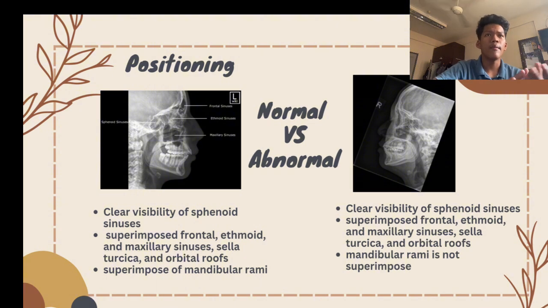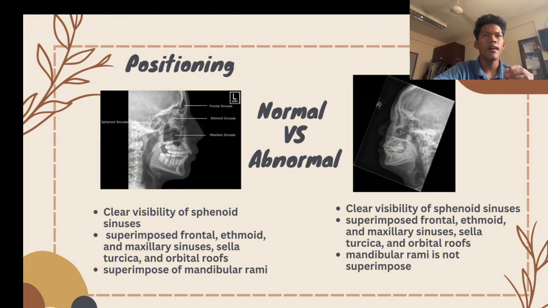So let's move to the abnormal radiograph. We see clear visibility of the sphenoid sinus too, and superimposition of the frontal, ethmoid, and maxillary sinus, sella turcica, and orbital roof. And lastly, the mandibular rami are not superimposed.